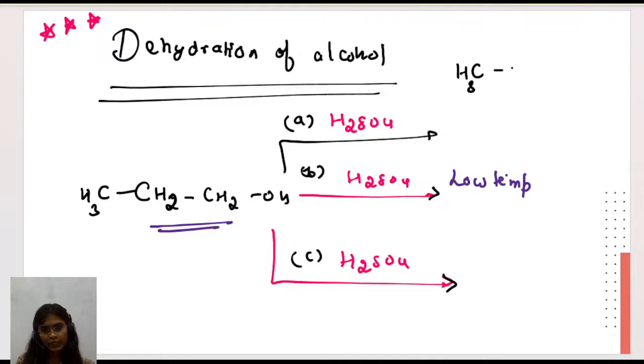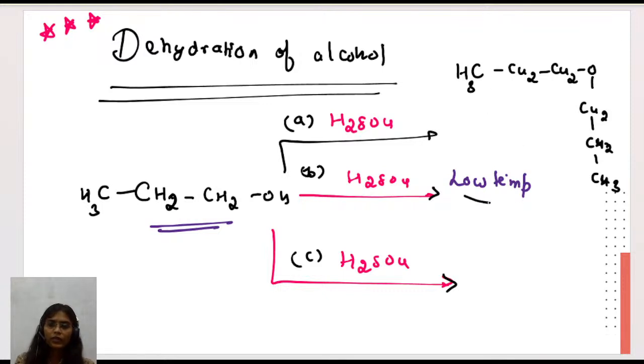Maybe we are getting CH3, CH2, O, CH2, CH3. Wait, like this. It's an ether formation. So if I'm using low temperature, condition number one, maybe we are getting this kind of product.